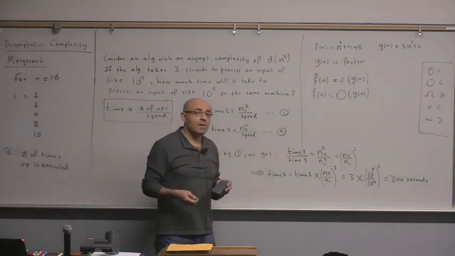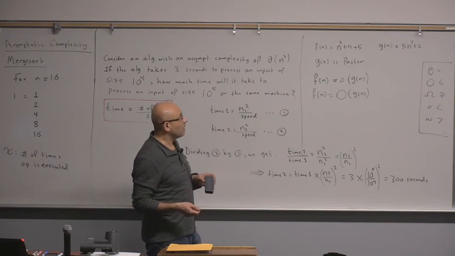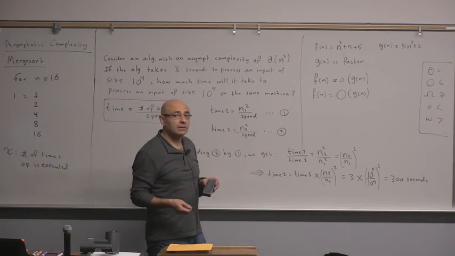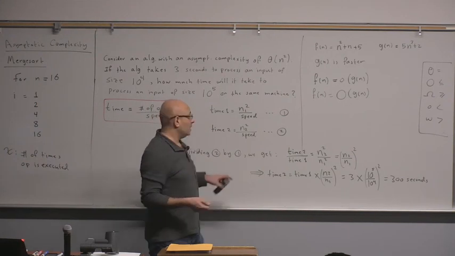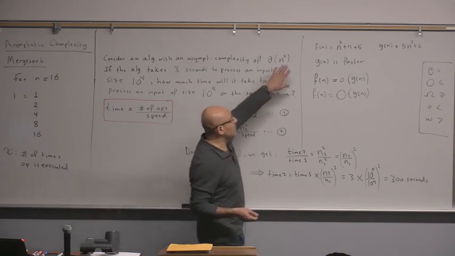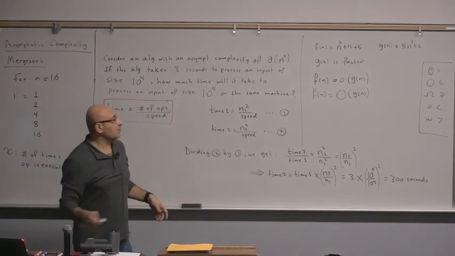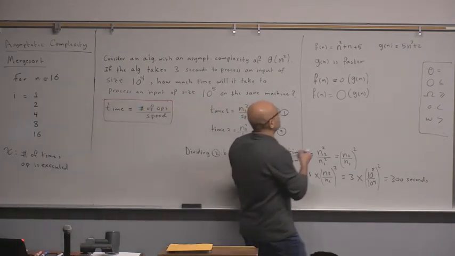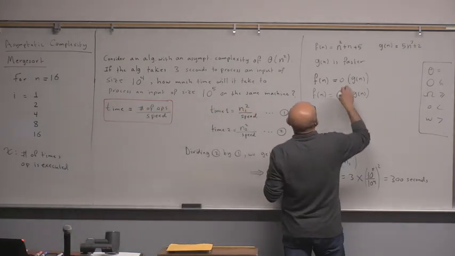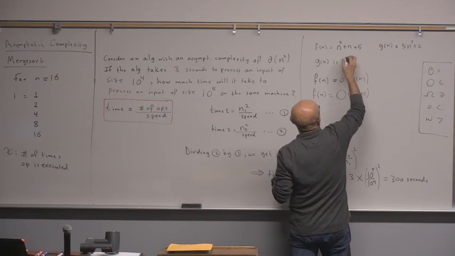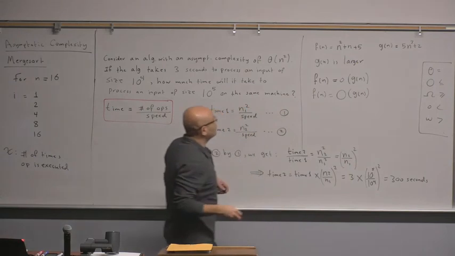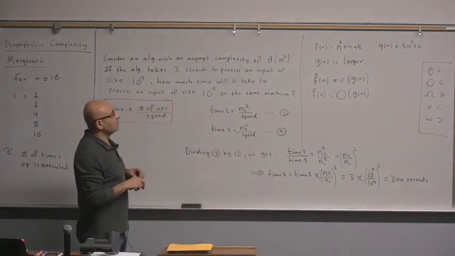So when we say g of n is faster, we mean that g of n is faster in terms of the growth size? Yeah, because in fact we're talking about functions here, not algorithms. So we're comparing functions. So you can say f of n is larger. That's less ambiguous. It's clear.